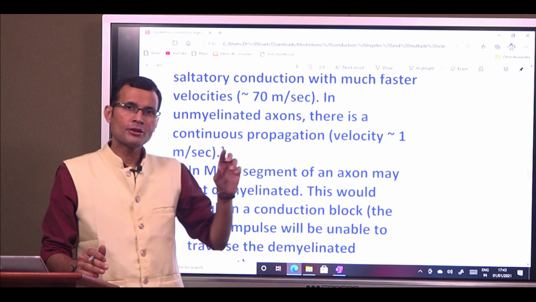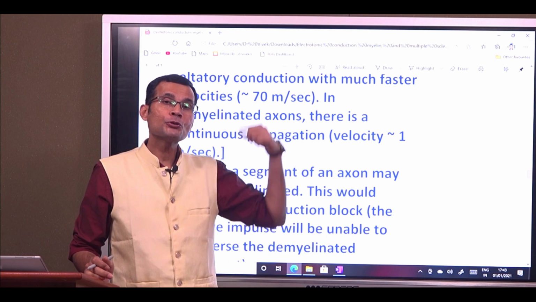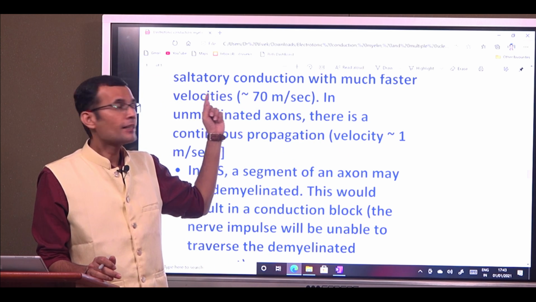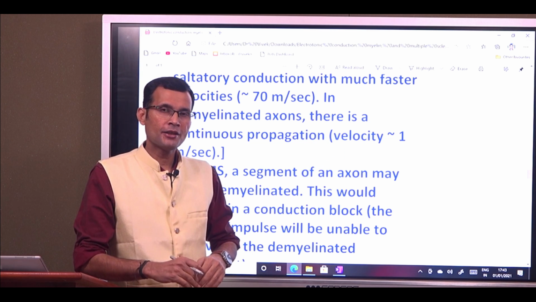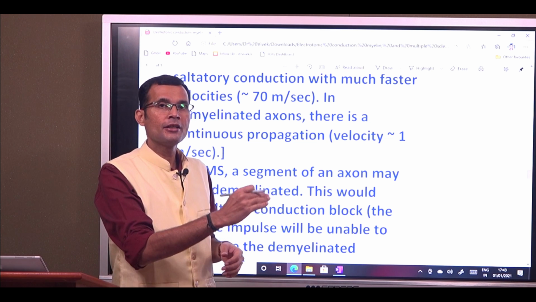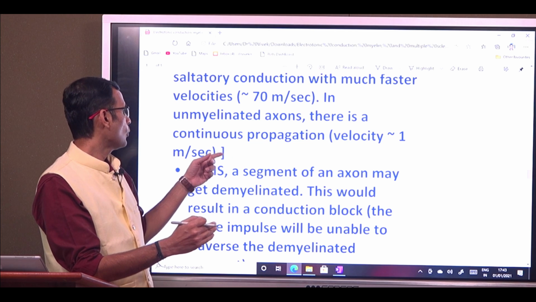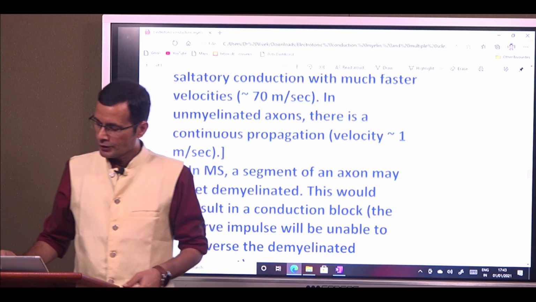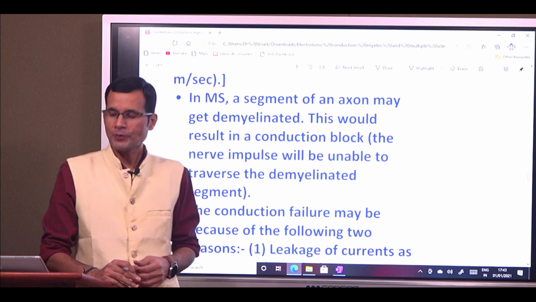So the same nerve fiber which used to carry the impulse at 70 meters per second has now got demyelinated and eventually become like an unmyelinated nerve fiber. It will conduct the impulse at 1 meter per second. So these are the things that are seen in multiple sclerosis.